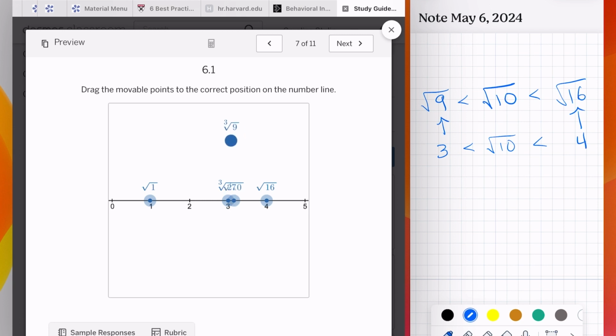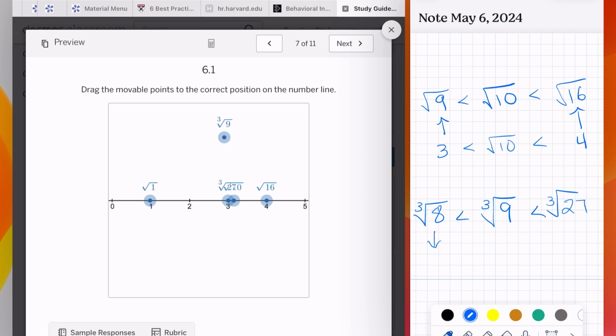And then last but not least, we have the cube root of 9. That's going to be in between the cube root of 8 and the cube root of 27.